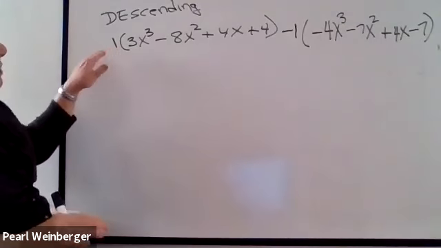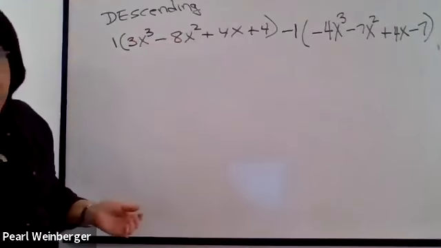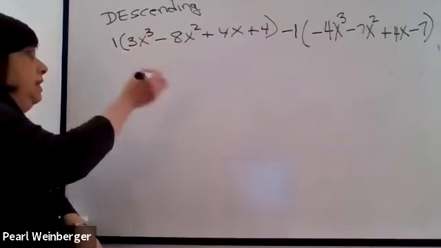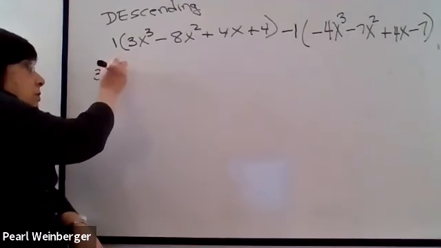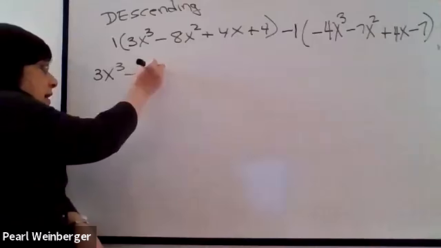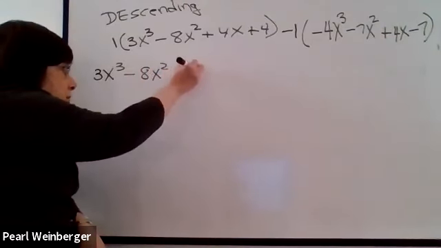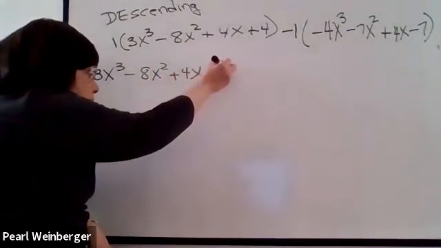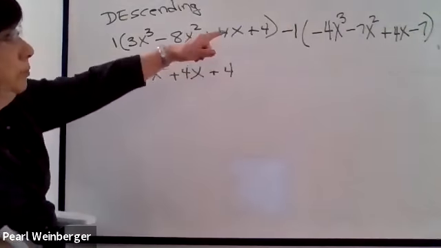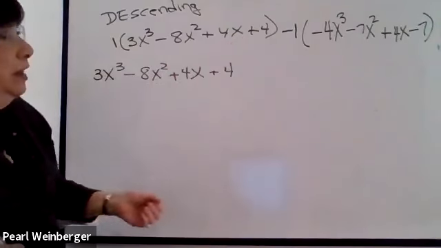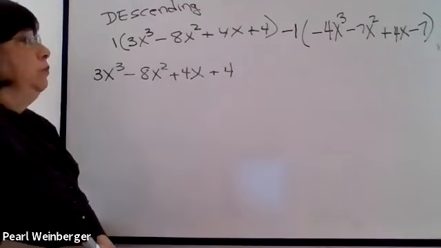To remove the parentheses, obviously multiplying by 1, in other words, if there's no number in front of the parentheses and no sign, you don't need that parentheses, you just leave the 3x to the third minus 8x squared plus 4x plus 4 for your first polynomial. And the second polynomial having a negative in front of it means we're really multiplying everything by -1.